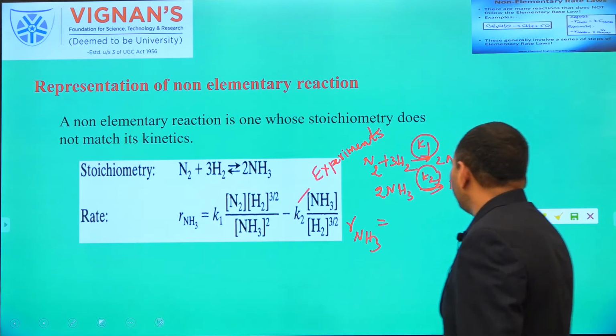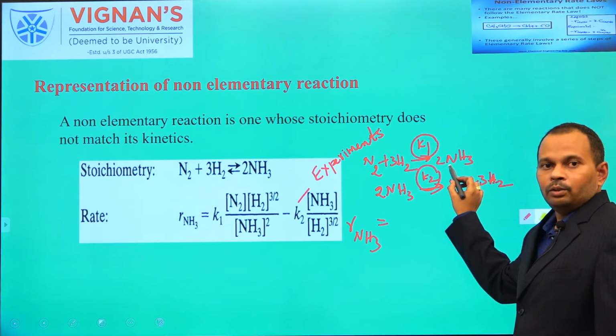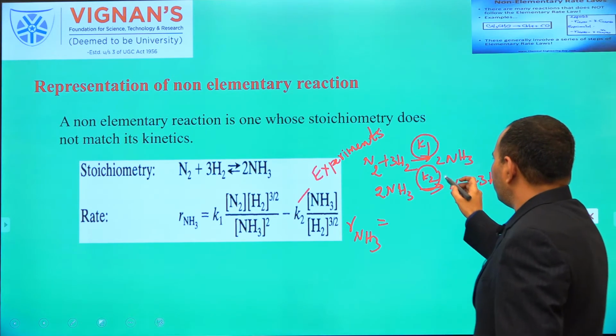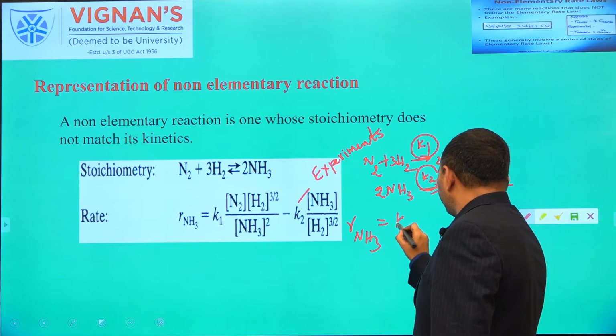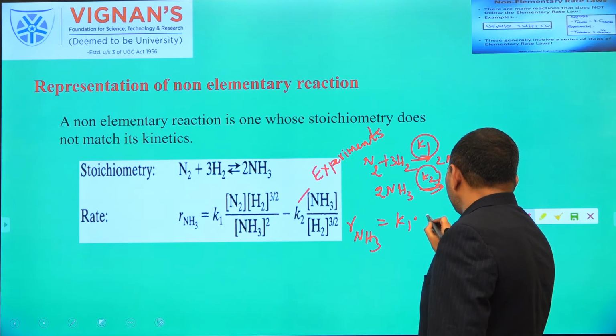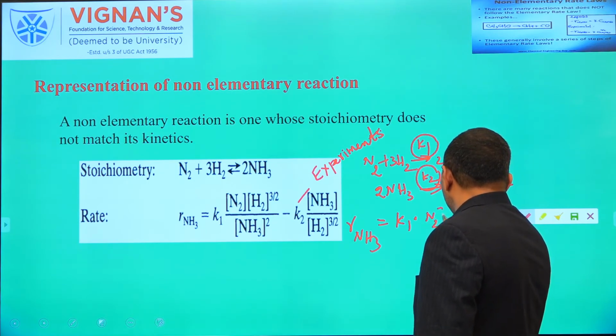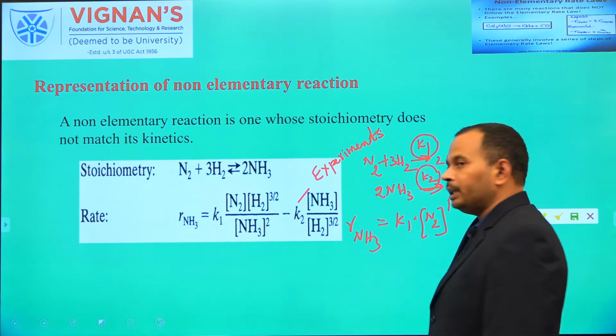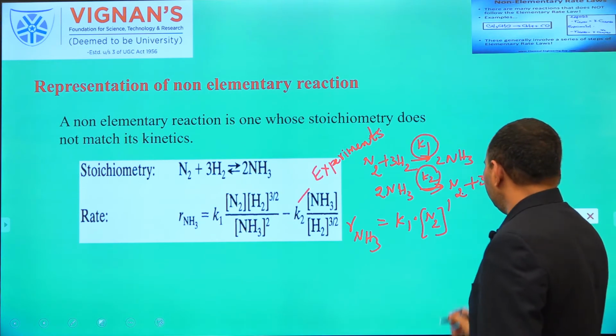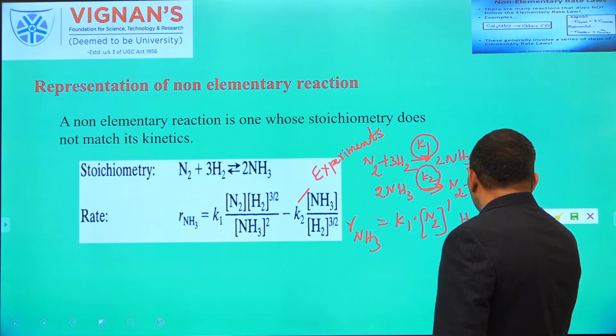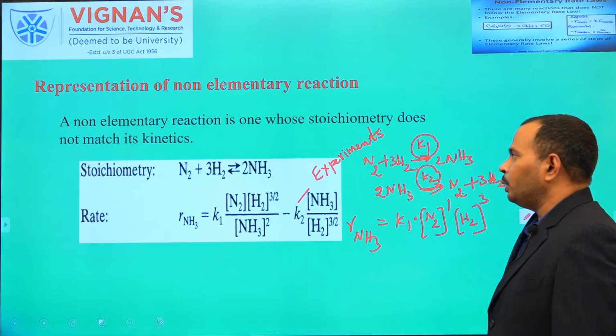In the first step, ammonia is on the product side, so the rate is positive. This is a product of two terms: the temperature dependent term K1 into the concentration of the reactant molecules, that is concentration of N2 to the power 1, its stoichiometric coefficient in the forward reaction, and concentration of H2 to the power of 3, the stoichiometric coefficient for H2.